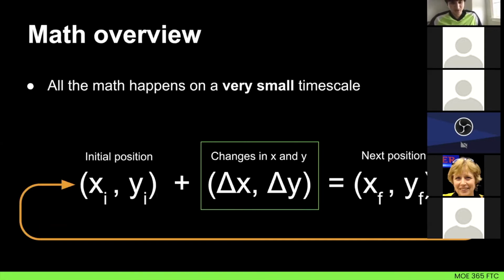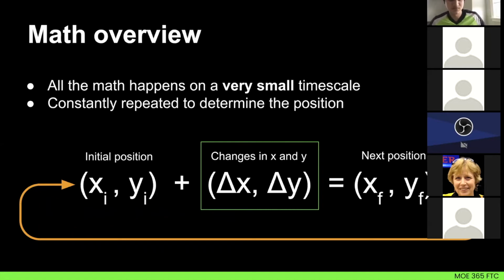Again, like we mentioned, everything is happening on a very small time scale, and this math is constantly repeated to determine the position of the robot. If you look here, similar to the global orientation, we take an initial position that we know the robot's at, so xi and yi. We add the changes in x and y that we're about to learn how to calculate to the initial position, and we produce the next position of the robot, and that itself gets fed back into the start.